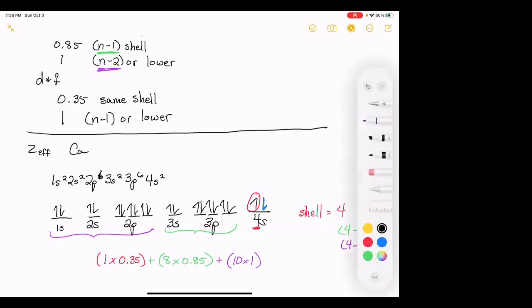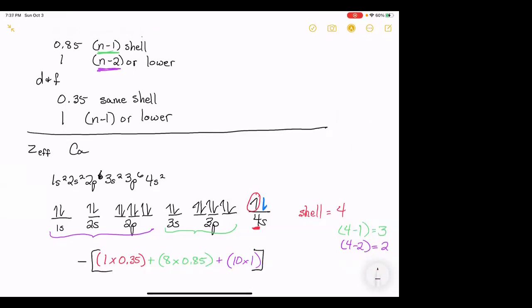And those would be the values that we would be subtracting out from our atomic number. Well, calcium is element number 20, so that's its atomic number. So our Z effective is going to equal the 20 minus the shielding for each of these divisions. And that's basically what we're looking at, is how does the 1 electron in the 4s shield from the one we're wanting to look at?